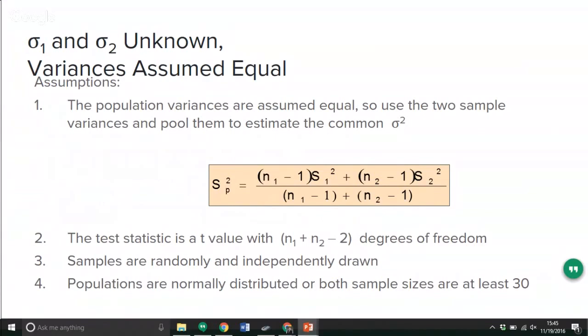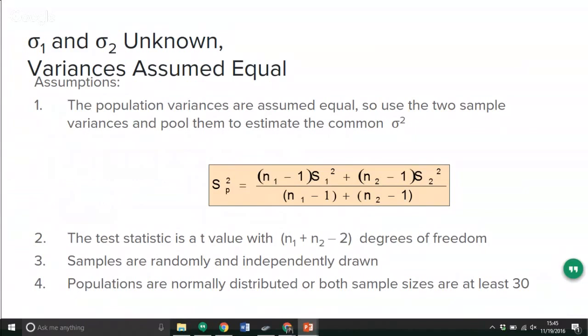A lot of it has to do with the fact that the variances are assumed equal. When we talk about variances that are not assumed equal, we have to essentially weight the variances. So again, getting a little bit more than you guys would need to understand.